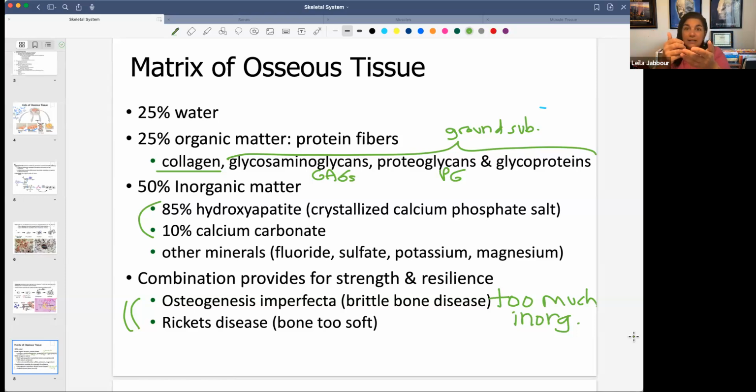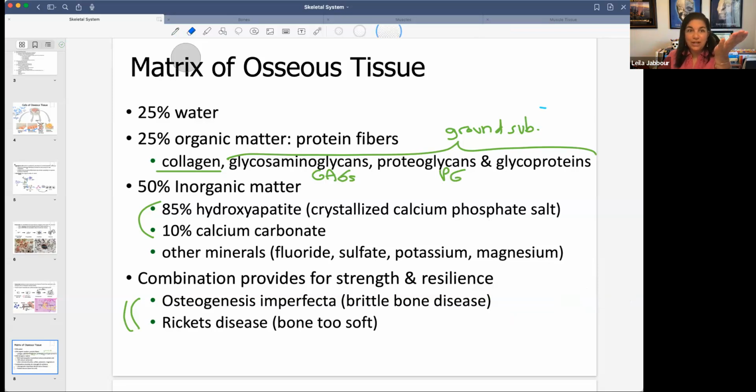So in this case, we could say too much organic matter, not enough inorganic matter, but really the bottom line is we have the organic matter, but we don't have enough minerals to strengthen the bone, so the bone becomes too soft. So actually, let me correct this.